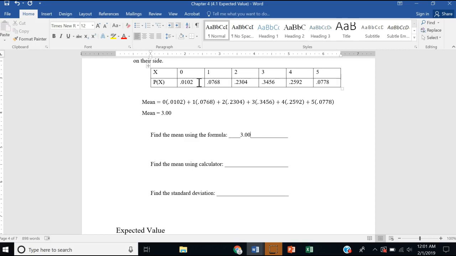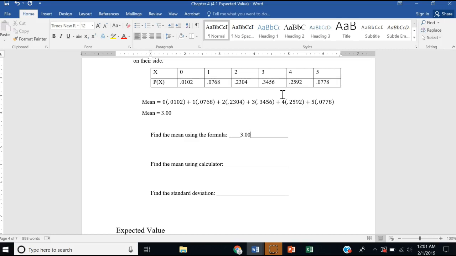I'm doing that right now. It takes just a couple of seconds. There's 6 of them. Make sure that if in list 1 you're putting the 3, in list 2 the 3 is right next to the 0.3456, and so on and so forth.